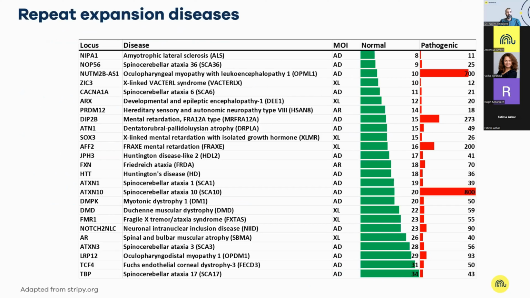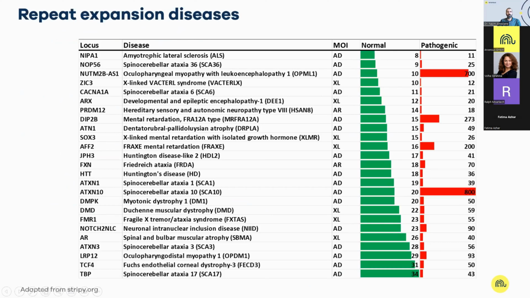Just to give you an example, this is just a set of diseases that involve repeat expansions, and I tried to order them based on the number of motif repeats involved in the different loci. You can see some of the diseases.